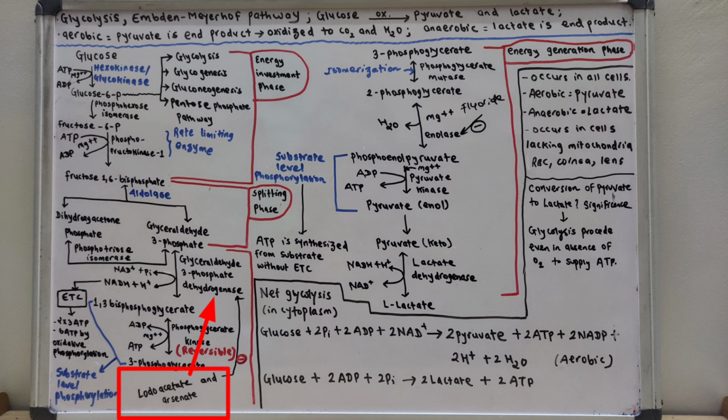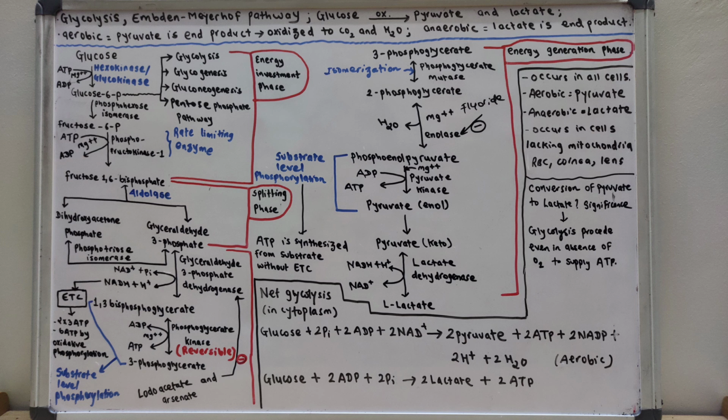The iodoacetate and arsenate inhibit the enzyme glyceraldehyde 3-phosphate dehydrogenase. In aerobic condition, the NADH passes through the electron transport chain and 6 ATP are synthesized by the oxidative phosphorylation. You should know this very well.